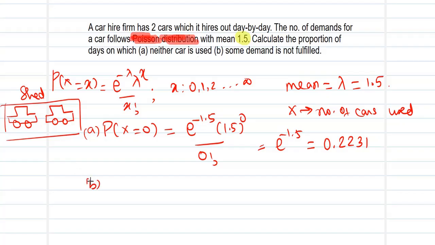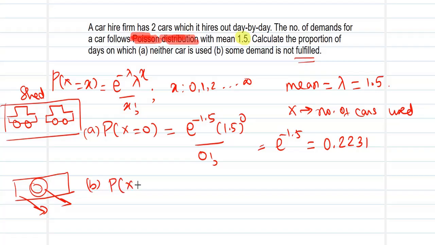Moving on to the second subdivision, some demands are not fulfilled. When you say that the demands are not fulfilled, there is going to be a case where you can't provide them with a car. You can't provide them with a car when both of them have gone out of the shed. So both of them have gone out of the shed, you have no car over here to provide. So you can say that the demands are not fulfilled.